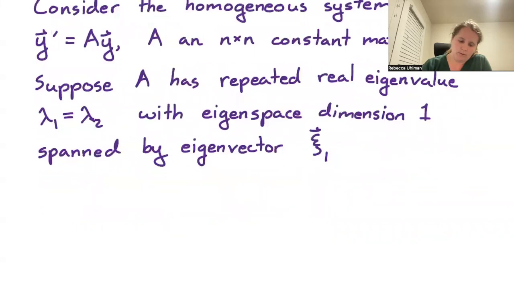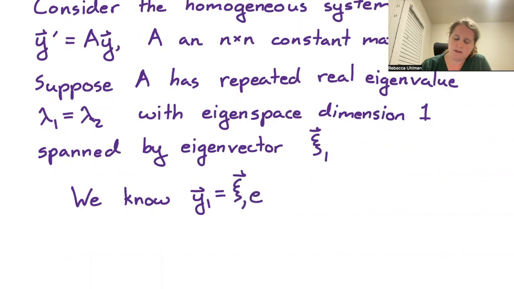Then we know that y1 equaling psi1 times e to the lambda 1t is a solution.